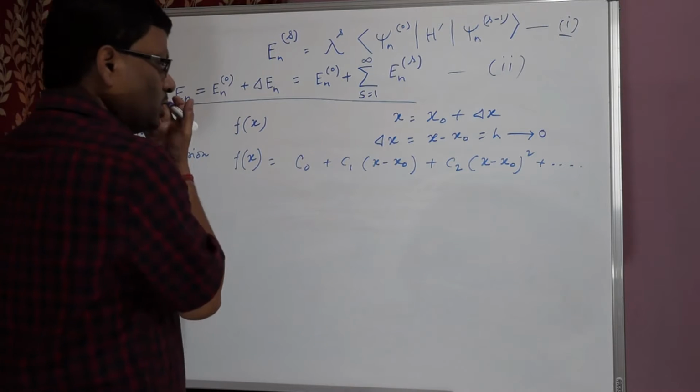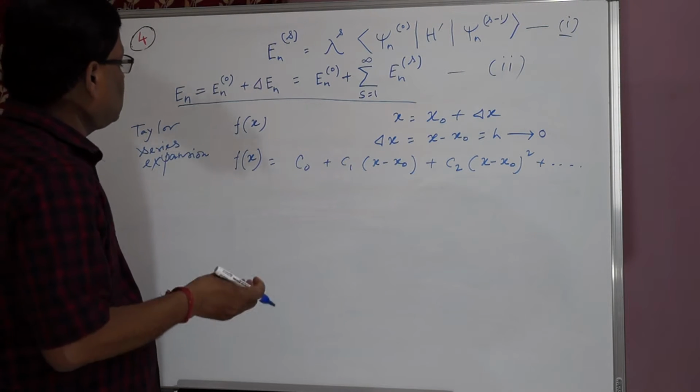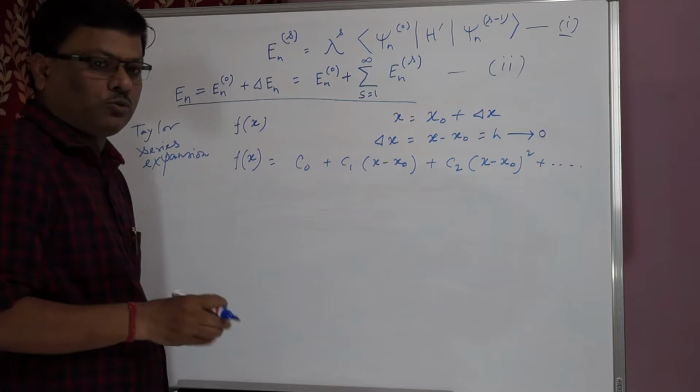And the coefficients C0, C1, C2 can be determined by differentiating f(x) with respect to x to different orders.